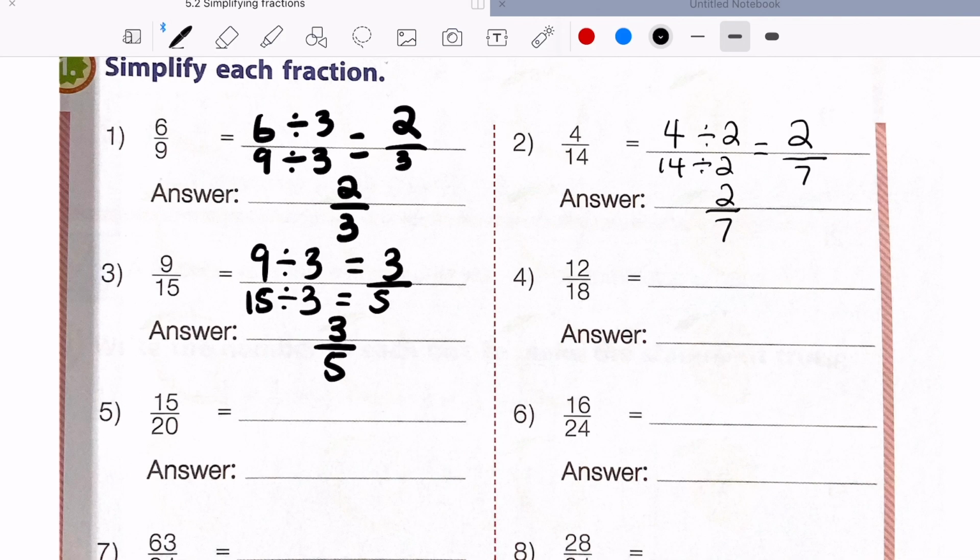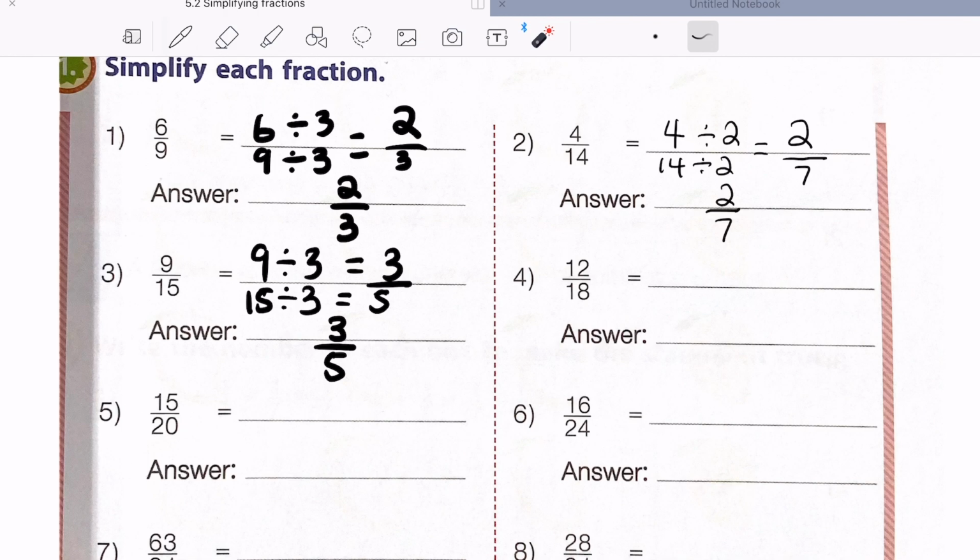So 12/18. We can do this 2 ways. What number can we divide by? We can divide by 3, or we can divide by, what's the other number? 6, right? 6 is a bigger number. We don't have to divide many times.